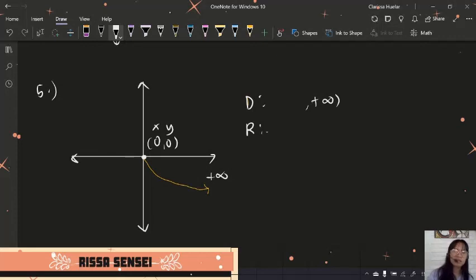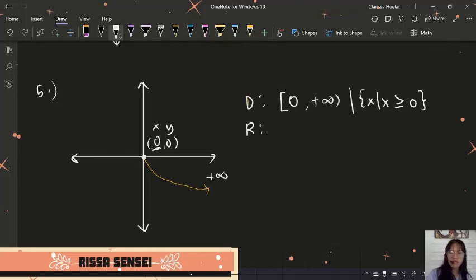Sabi natin pag domain, 'di ba? The set of all values of x. So we will refer to this. Ibig sabihin, mula 0 lang yung graph papuntang positive infinity. Okay? And in set builder form, this is the set of all values of x such that x is greater than or equal to 0.